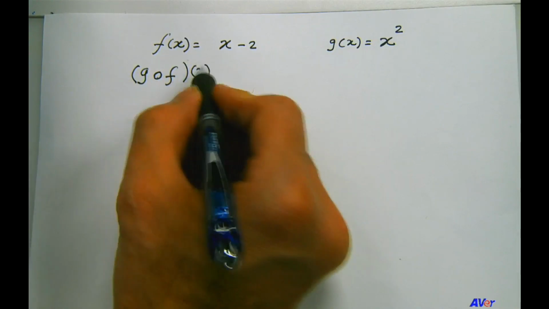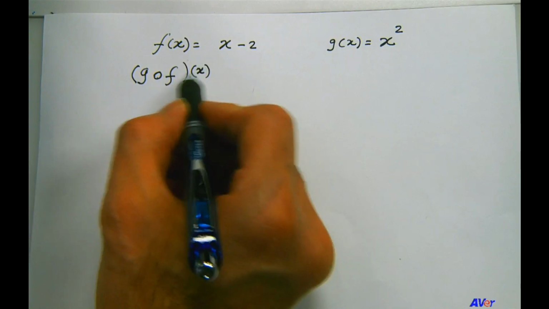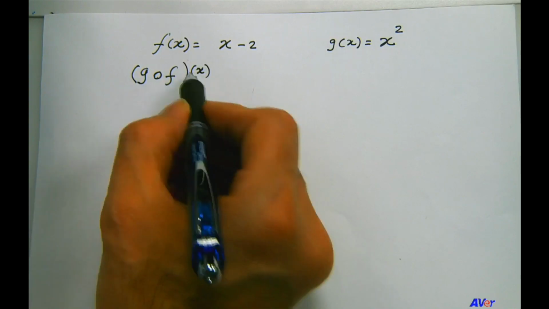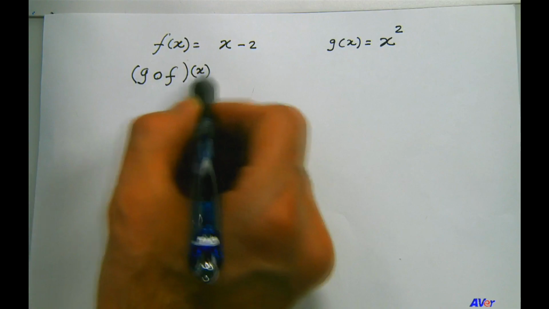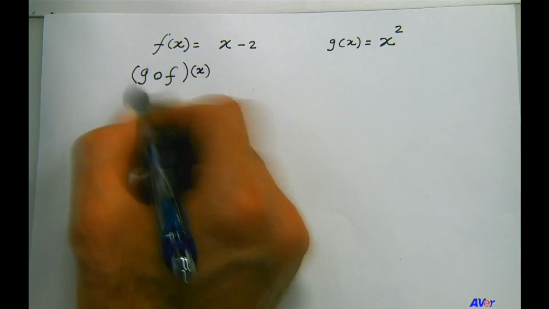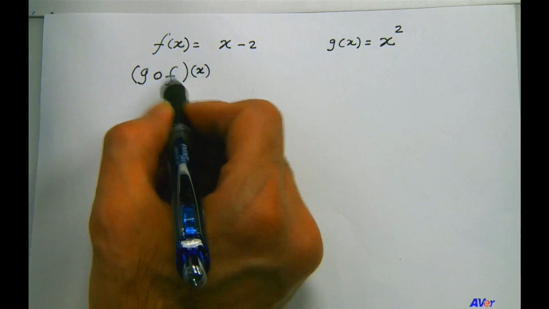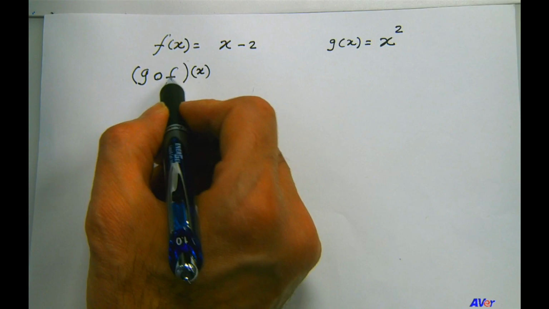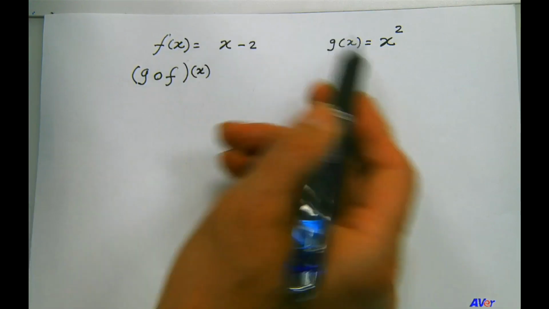So people sometimes ask me, is this multiplication? No, this is not. We're not multiplying anything by each other here. This is just a name. It's a way we refer to composition of functions when the function f is replaced inside g.